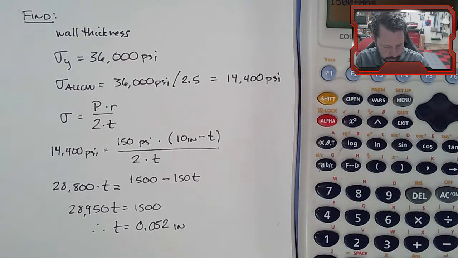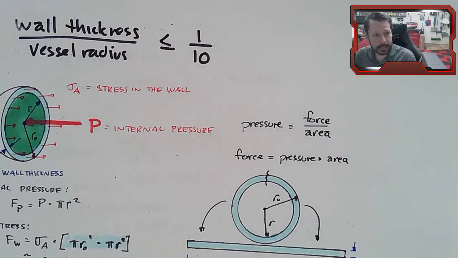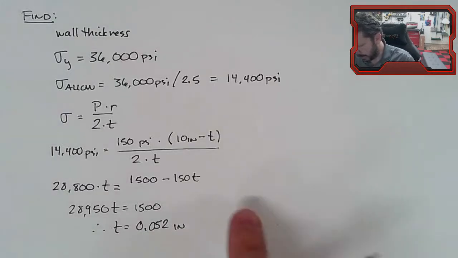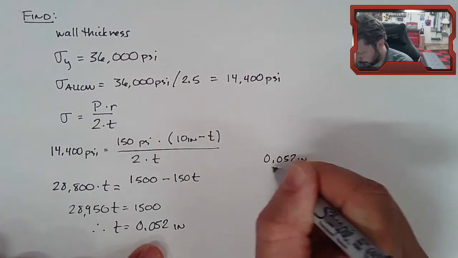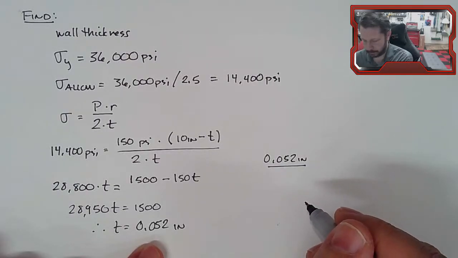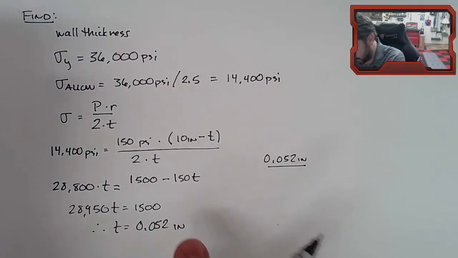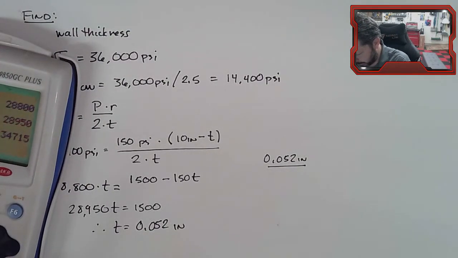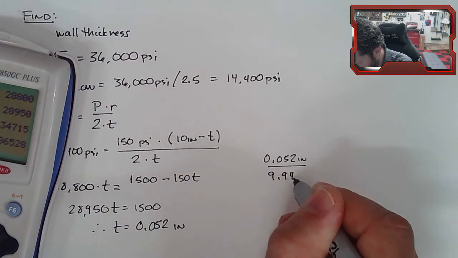Now we should technically check and make sure that we don't have a case that it's a thick-walled pressure vessel. Remember, we said that the wall thickness divided by the vessel radius had to be equal to or less than 0.1, 1 over 10. So we have a wall thickness of 0.052 inches and an internal radius of, well, technically the internal radius is 10 minus this. 10 minus the answer is 9.948.